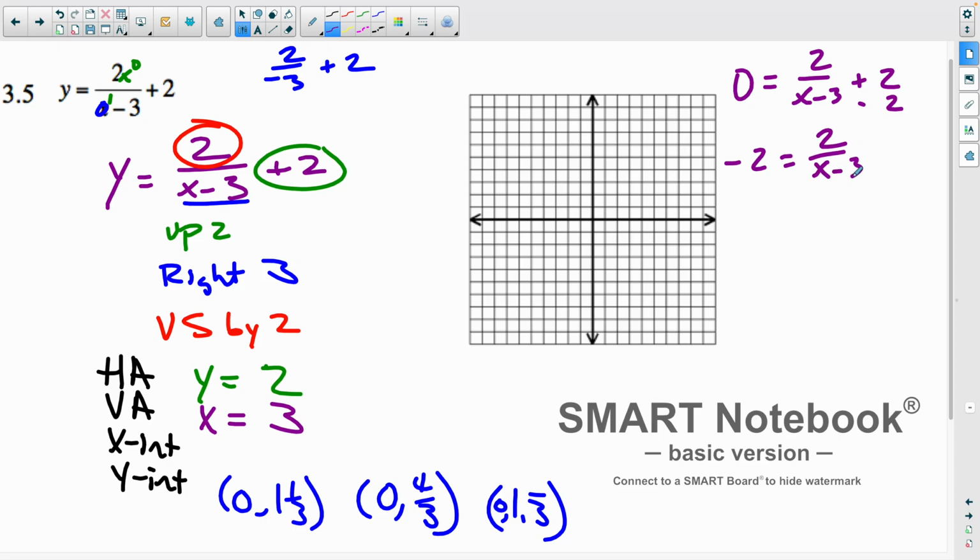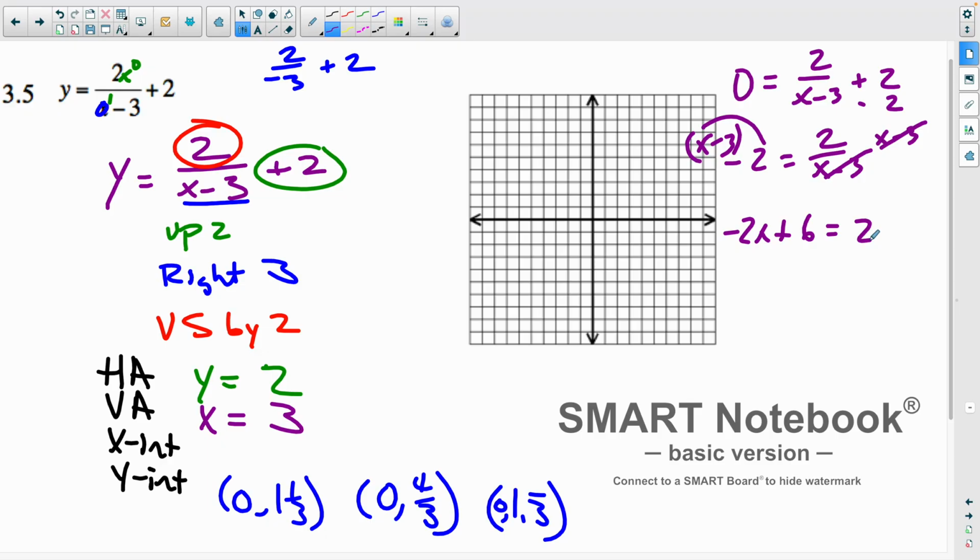Okay. So we've been multiplying by the x minus 3. So I do x minus 3 on this side and x minus 3 on this side. Now, what's the only bad thing about it? What have we been having over here? It's been a 0, so that's simple, pretty easy. But I actually have to do that multiplication. So distribute that, negative 2. So negative 2x plus 6 equals 2.